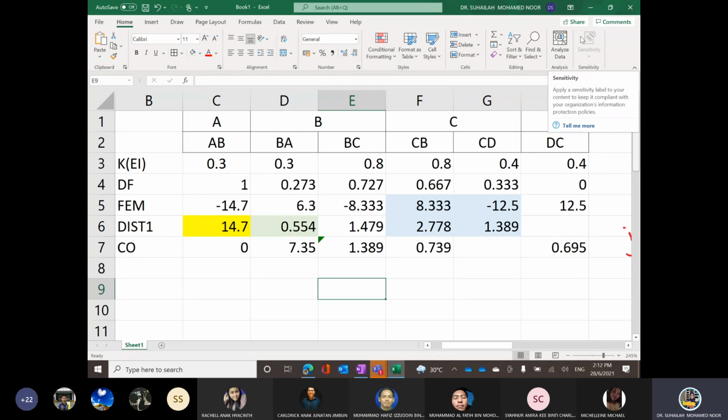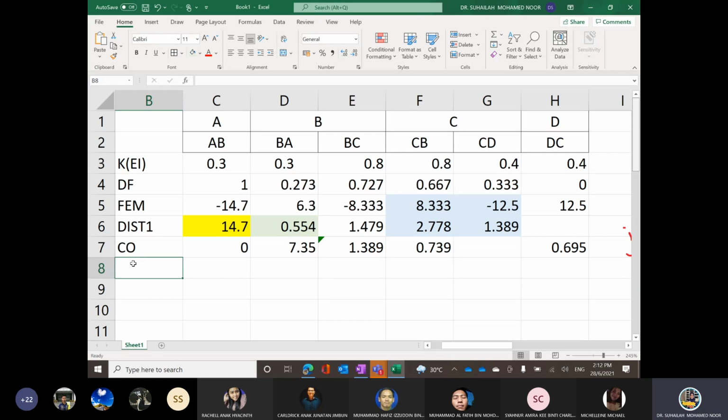For carry over, we multiply the moment value from the previous distribution by the factor. If the end of the structure is roller or pin, the factor is 0. The remaining are all 0.5 in this case, because internal is assumed as fixed and D is also fixed.